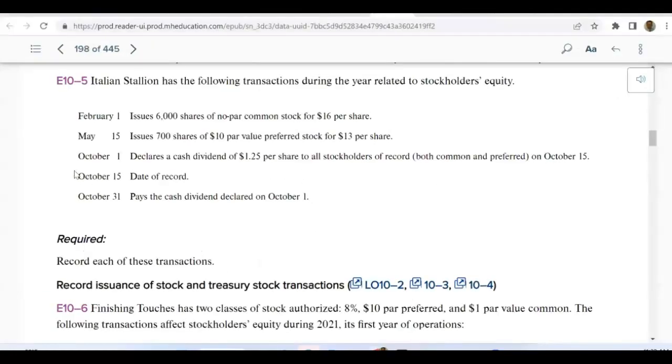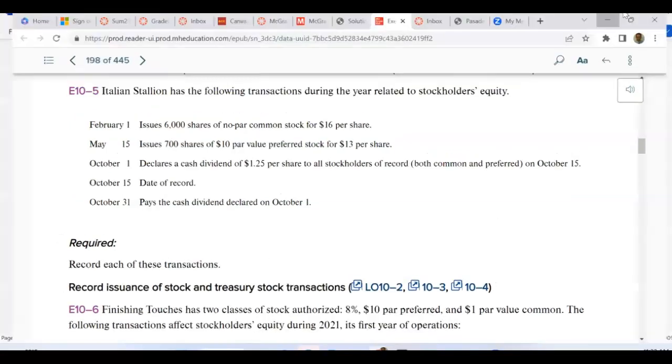On October 1st, it says they declare a cash dividend of $1.25 per share to all stockholders of record, both common and preferred, on October 15. So here we have 6,000 shares and another 700 shares, and everyone gets $1.25, so 6,700 shares.